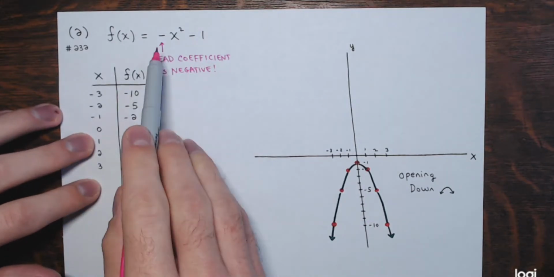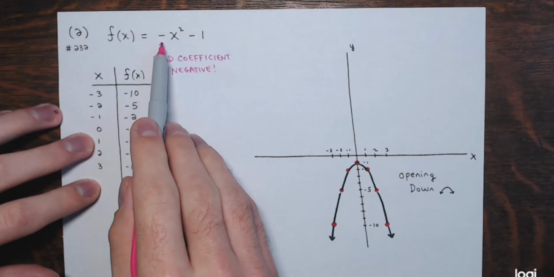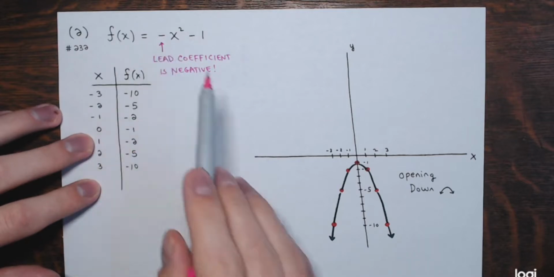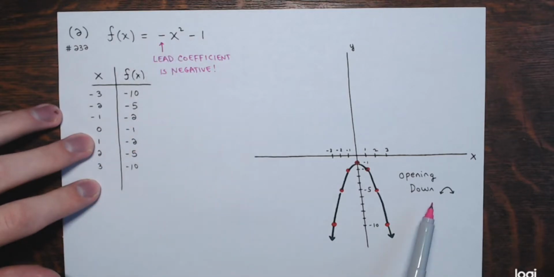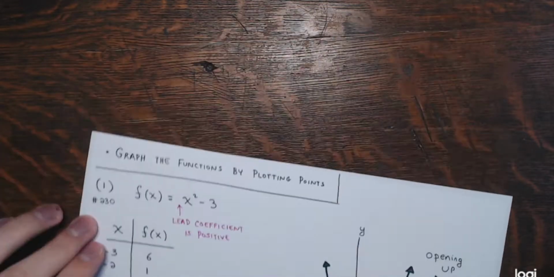And you'll see, and I'll write this on a separate page, but if the lead coefficient is negative for these quadratic functions, the graph of that function will be a parabola opening down. Right? So I'll actually write that on this one, because that's going to be our next exercises.